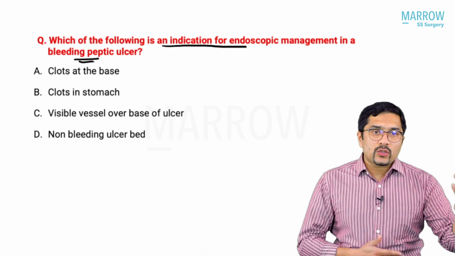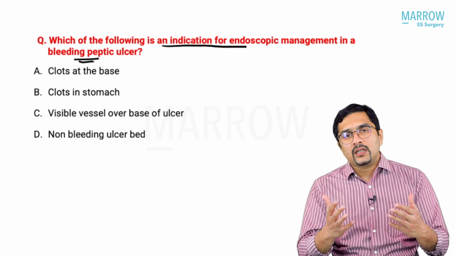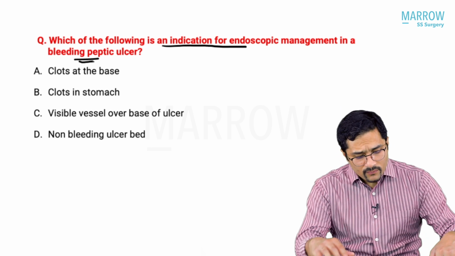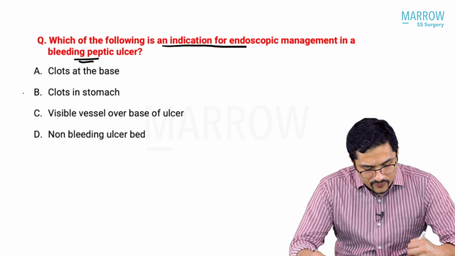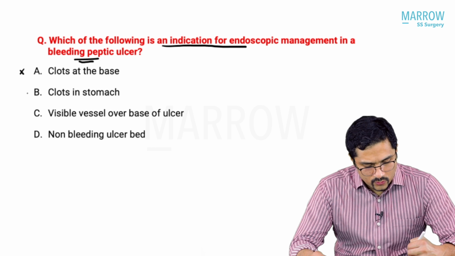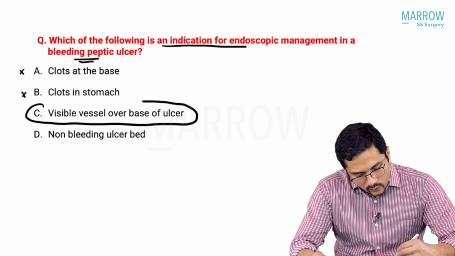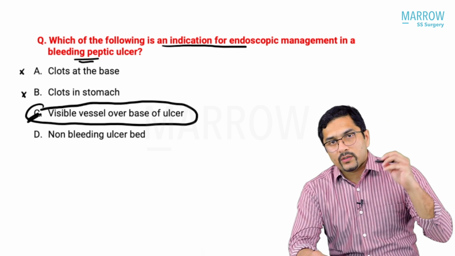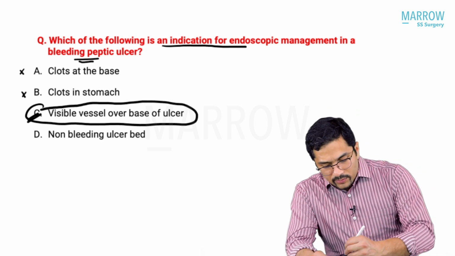One might be related to variceal bleeding and one is usually related to non-variceal or the protocol in the management of these patients. So the indication, if there are clots at the base, no. Clots in the stomach, no. Visible vessel over ulcer base, yes, is an indication where you need to cauterize that vessel, otherwise there is a high risk of rebleeding.